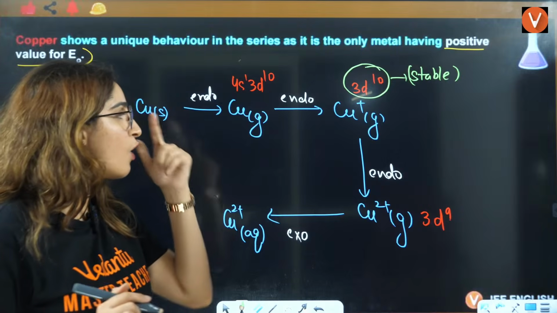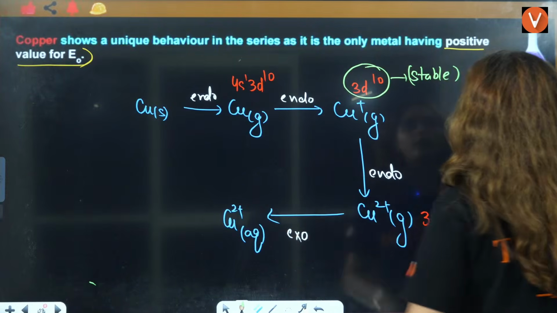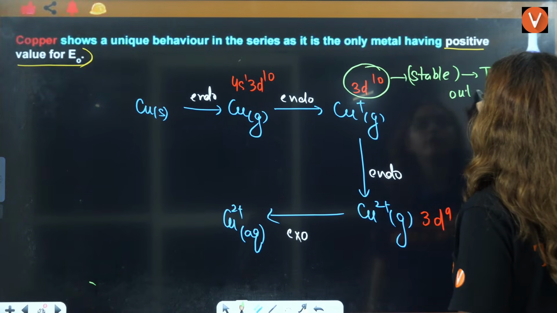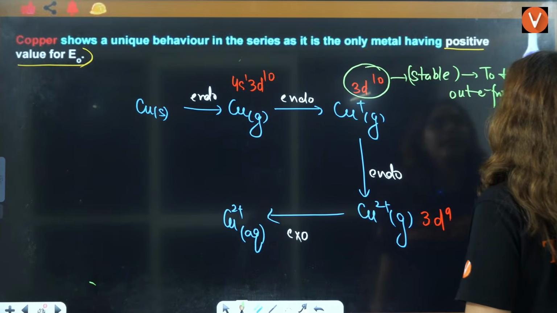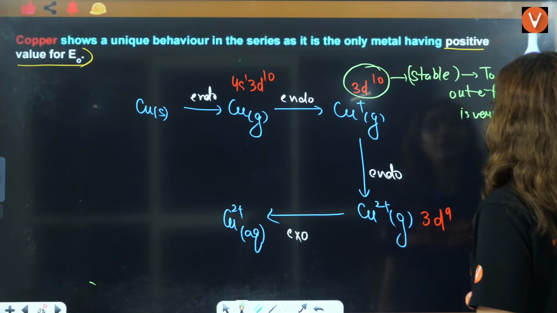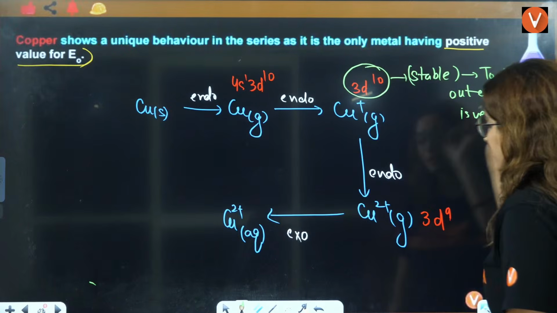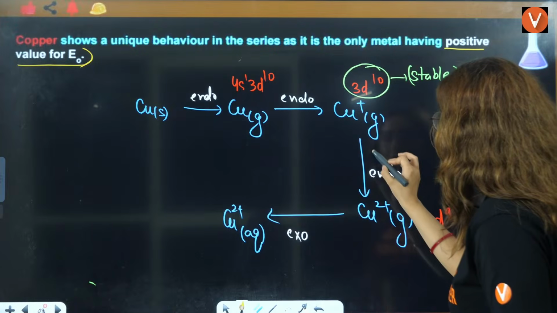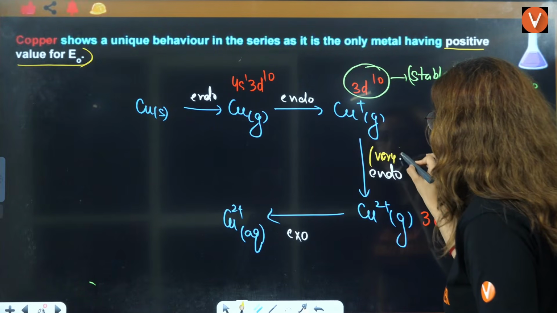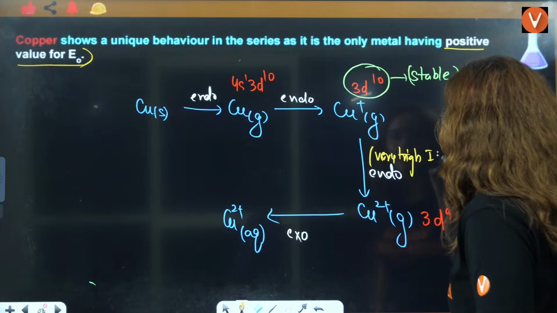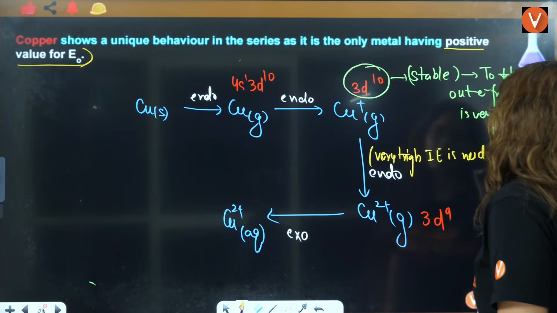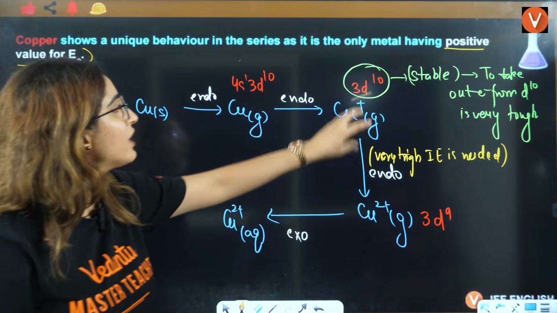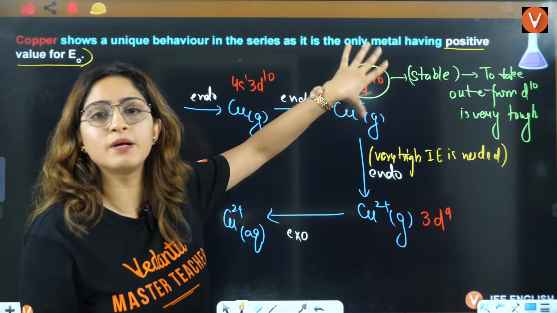To take out an electron from d10 is very tough. That is the reason very high IE is needed. Very high energy will be required to take out an electron from this very stable 3d10 electronic configuration.